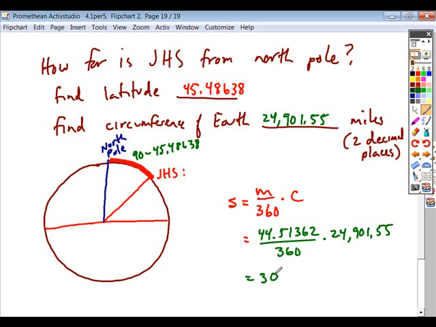About 3,000 miles. Okay, so this is the distance from this location to the North Pole.